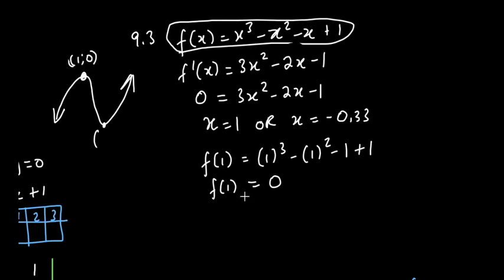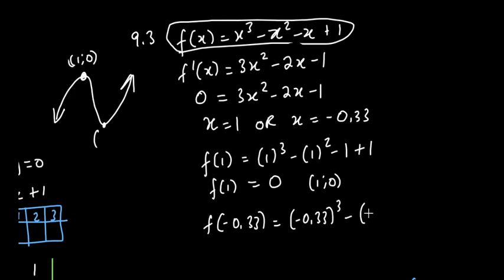So you have 1 and 0, and then you substitute f of negative 0.33, by saying negative 0.33 cubed minus negative 0.33 squared minus negative 0.33 plus 1. What answer do we get there? You put it in your calculator, and you would get your answer as 1.19.